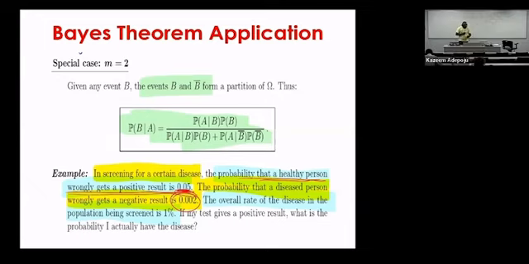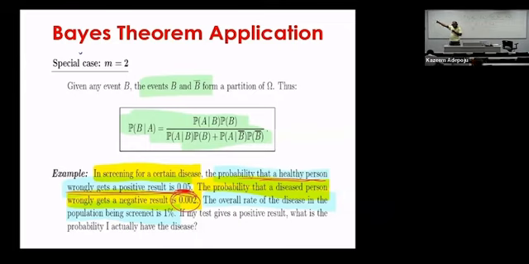If you take a look at the special case M equal to 2, we can have a situation where the entire sample space can be partitioned into more than 2. I showed you yesterday, but here I only want to focus on partitioning into two categories. When you are partitioning the sample space into categories, you're basically going to use complements, like here, B and B complement.